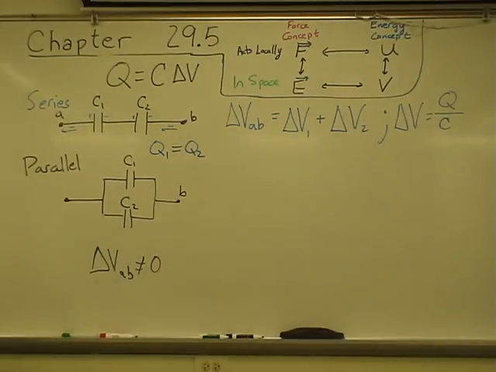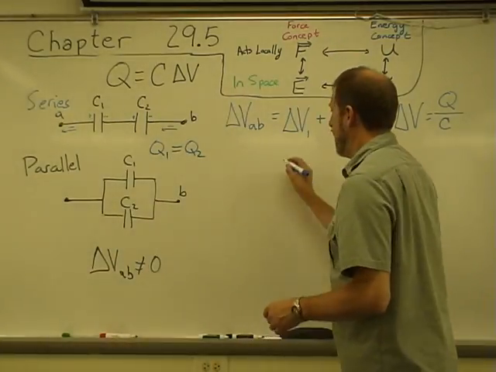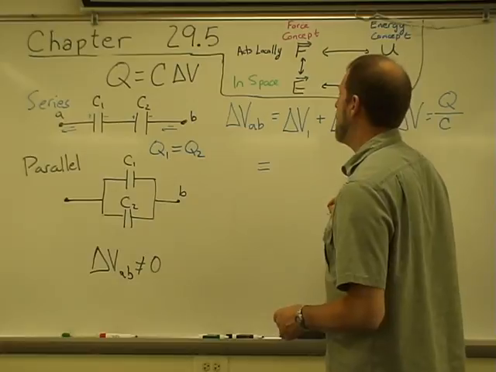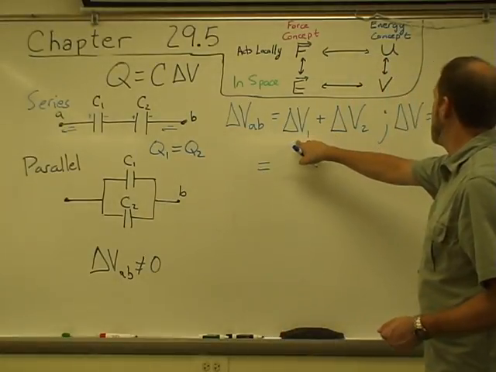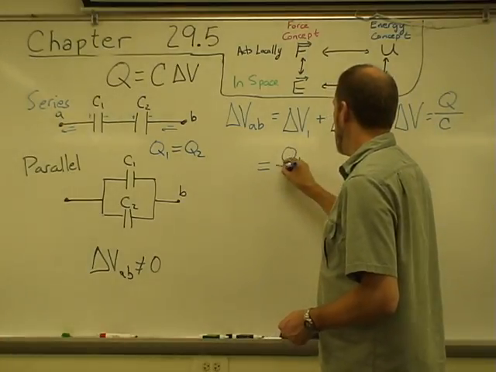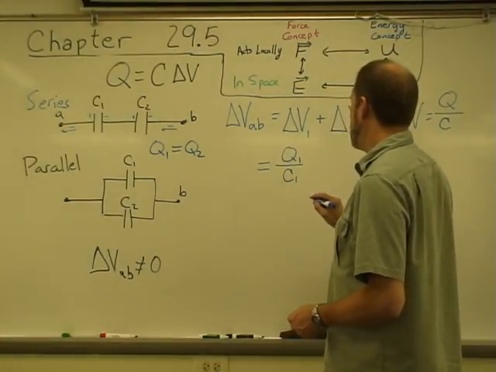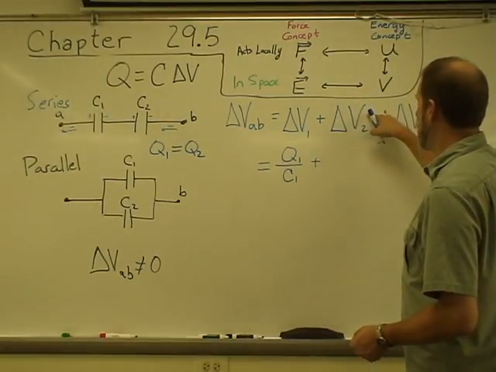Now, if I look at this and write it out, what's the change in potential over capacitor 1? That's Q1 over C1. What's the change in electric potential over capacitor 2?